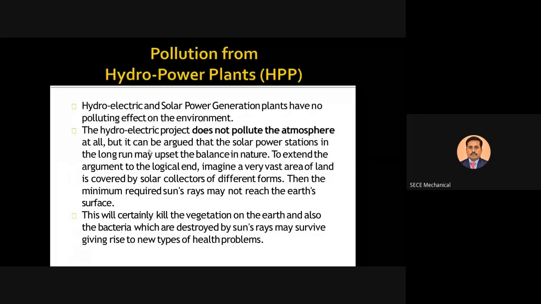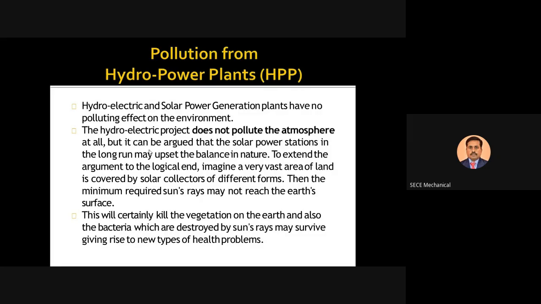What will happen? This will certainly kill the vegetation on the earth, because vegetation needs sunlight. Without sunlight, its growth will not be good.